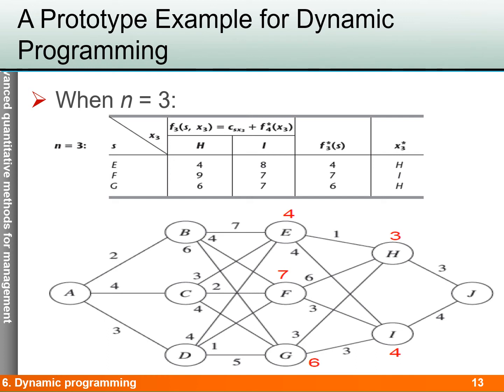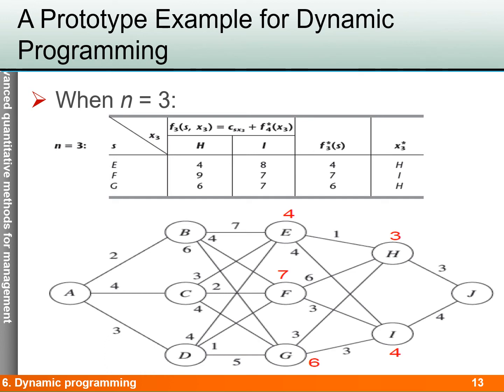But we are interested in finding the optimal solution for each of these nodes. As we found these 3 and 4 here, we again are interested in E, F, and G. Our preference is to find the least cost, the minimum cost.